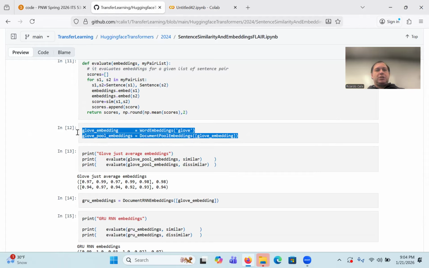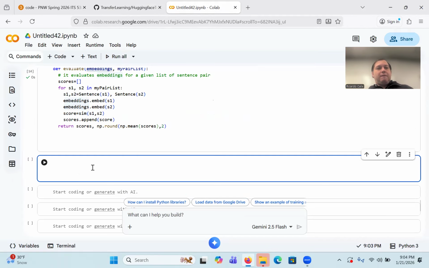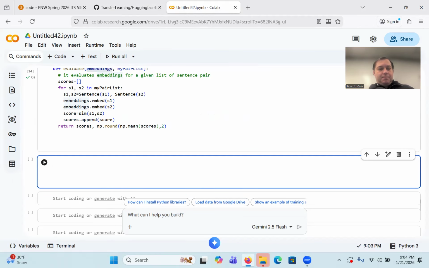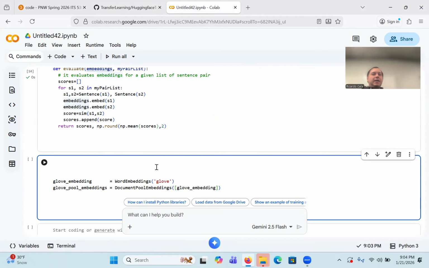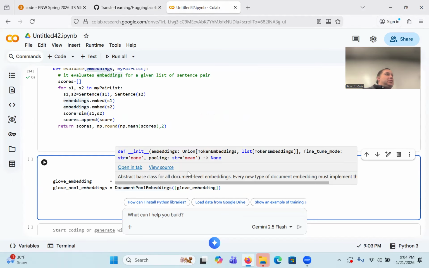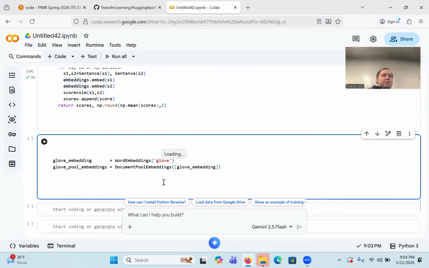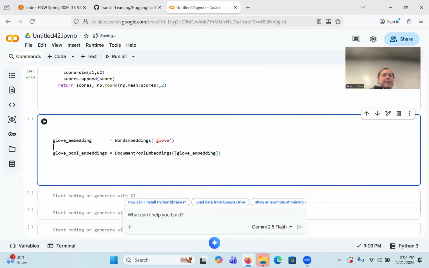Remember, these were just, for every word you had an embedding. That was the approach back then, not tied to the transformer itself. So let's take a look at this one. Okay, so glove embedding, so word embeddings. So it uses the word embedding technique, but the glove version. Okay, so this is popular.